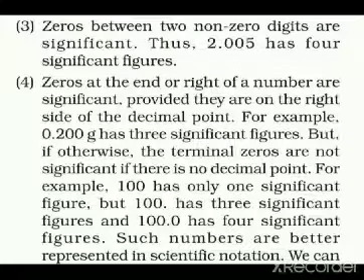The terminal zeros are not significant if there is no decimal point. To understand this, consider the number 100. Let this number be written in various ways like 100, 100. and 100.0.